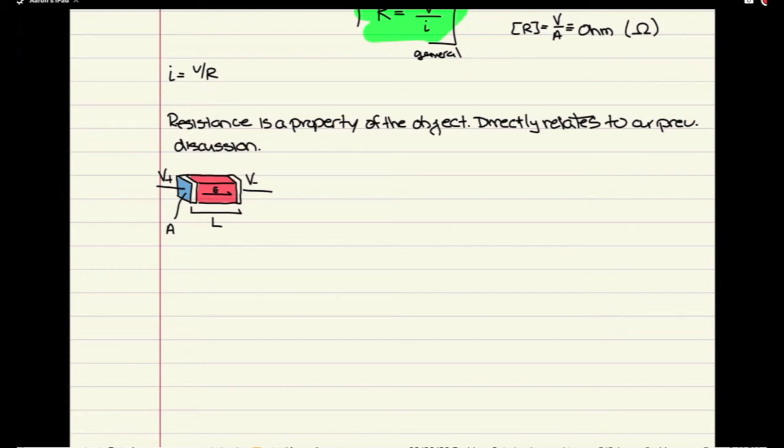So there's some surface area A at some length L that gives it some volume, which is A times L. Within that volume, there's an electric field which allows current to flow across some potential difference.